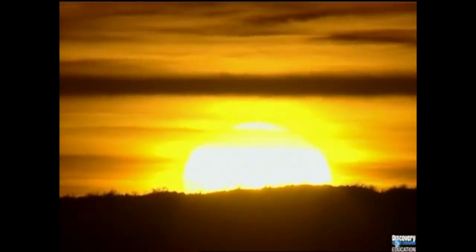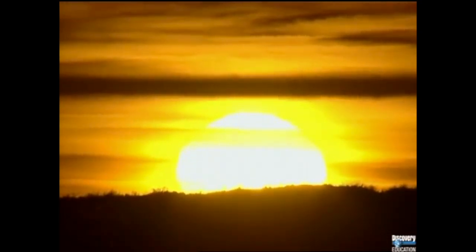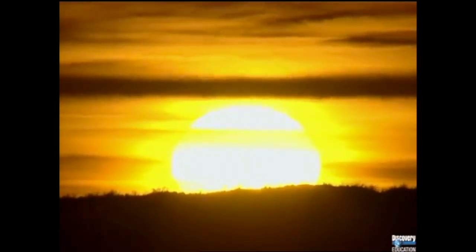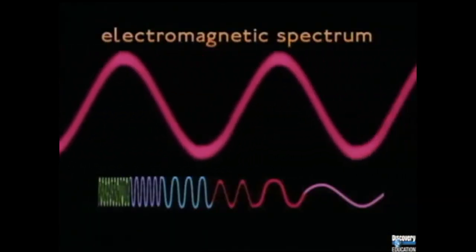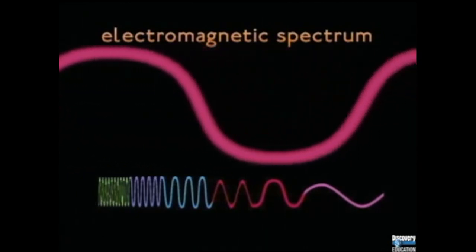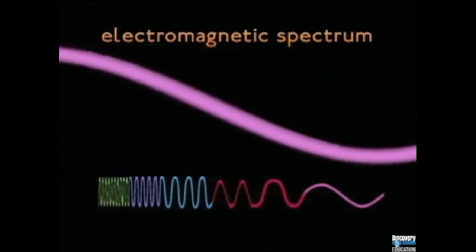Virtually all of the energy that warms the surface of Earth and sustains life on the planet comes from the sun. The sun radiates energy in the form of electromagnetic waves that travel to Earth at the speed of light. These waves have various lengths and frequencies that together make up the electromagnetic spectrum.